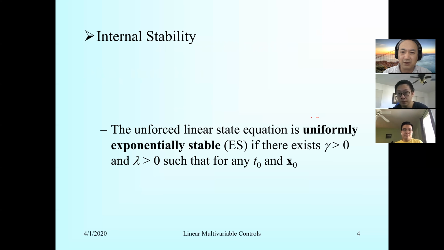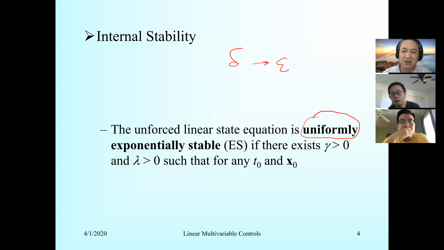When we say uniformity, meaning you have a delta and an epsilon, and these are not a function of T0 at all. So that's called uniform stability.